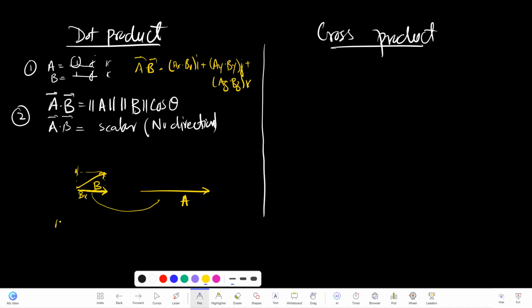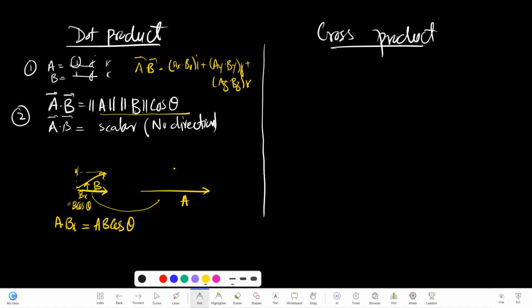So I'm multiplying A to the Bx. And what is the value of Bx? Bx equals B cos theta. And that's why this formula is generated. You're just trying to make a multiplication of the two.